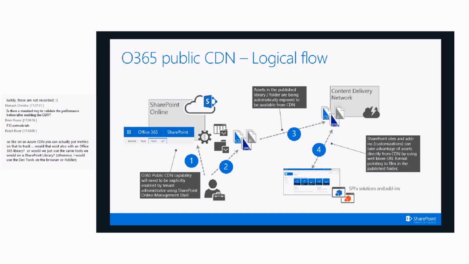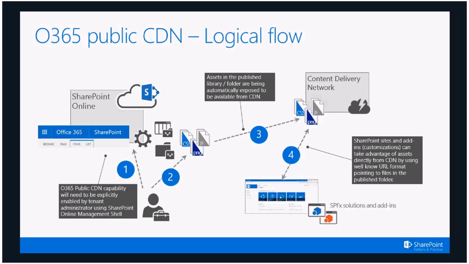Or the images, for example, for your branding or your web parts or your customizations, they typically are logos or assets, and they don't actually contain confidential information. So from that perspective, it's not like we're accessing content through the Office 365 CDN. Really important point to remember. And like mentioned, by default, it's disabled, and it is a tenant operation to enable this.